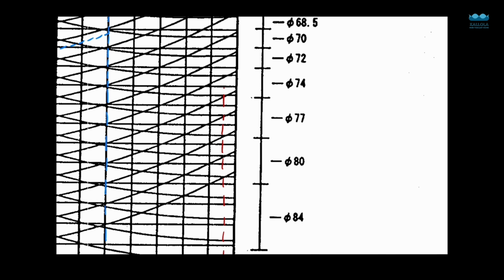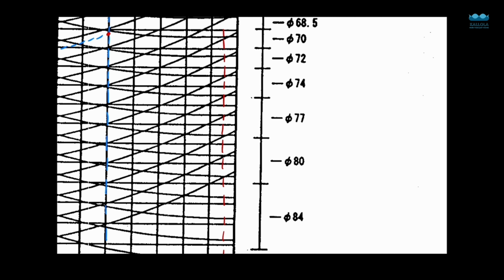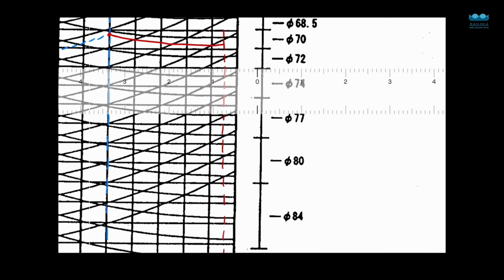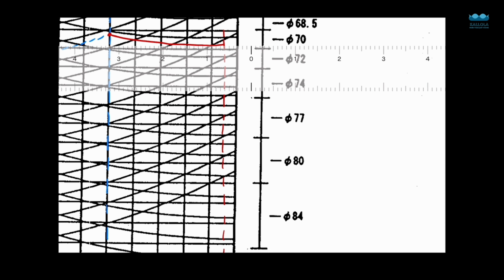Just extend this line as long as possible, and from the point where the rising curve and 50 degrees Celsius, that is the temperature at which specific gravity was given, intersect, we just draw a falling curve like this. And now the point where the falling curve cuts the treating temperature line, that is the 98 degrees Celsius line, from there we just draw a horizontal line to the last line, that is the 100 degrees Celsius line of the nomogram.